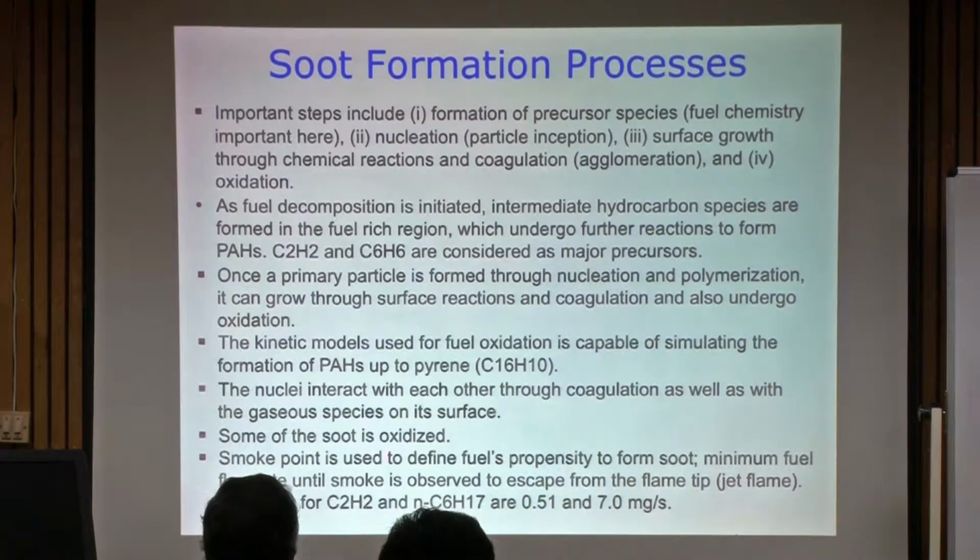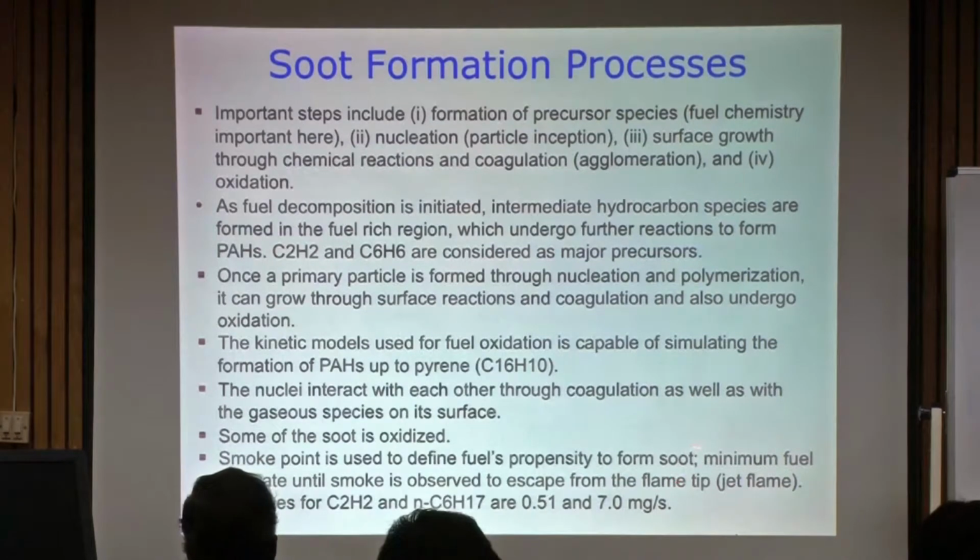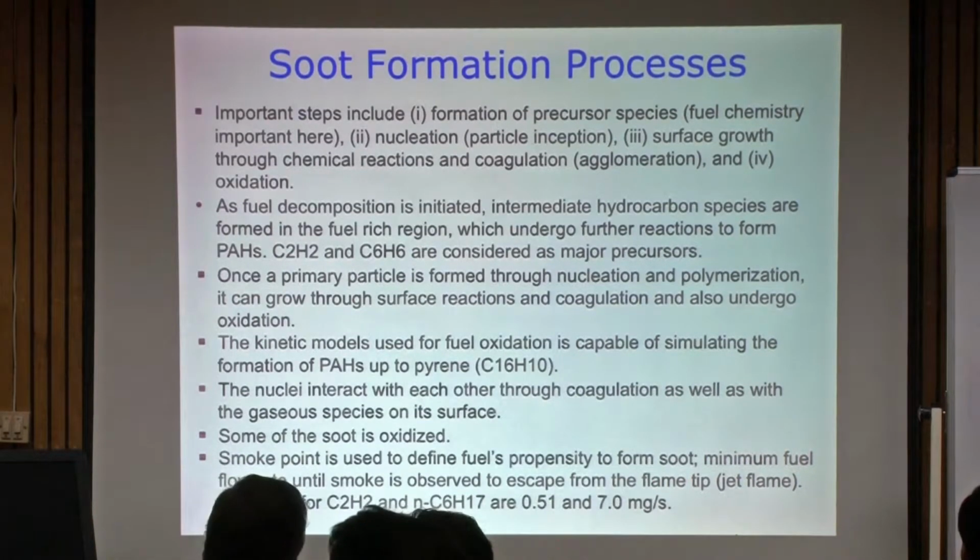Now, for engineering applications, an important property for different fuels is the smoke point. This is defined for a given fuel as its propensity to form soot. You keep increasing the fuel flow rate until you see soot, and this is reported in terms of the flow rate.